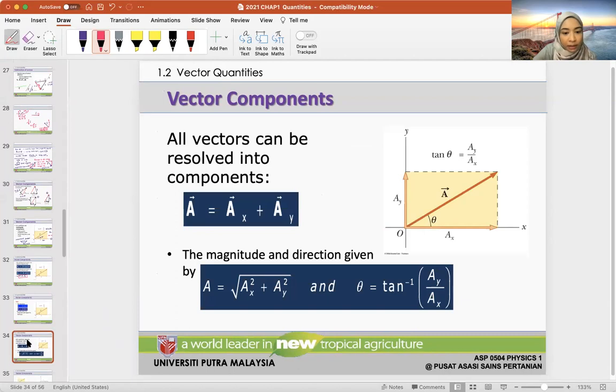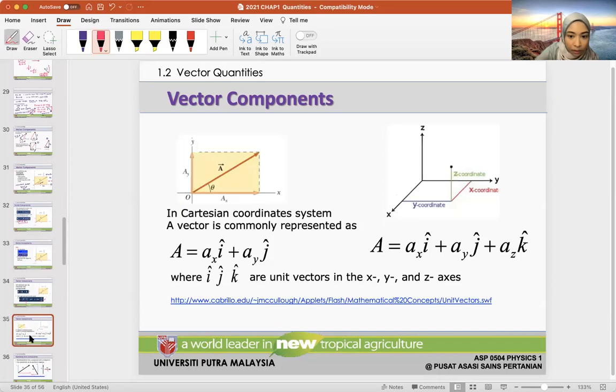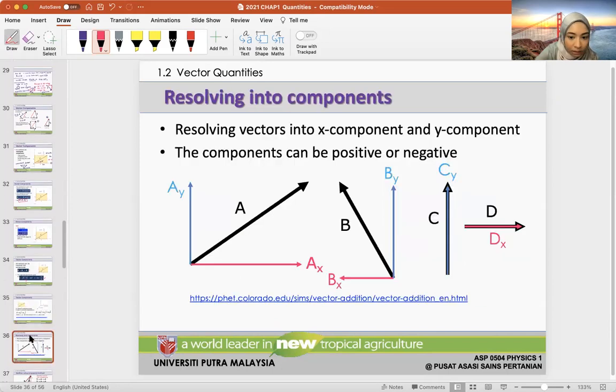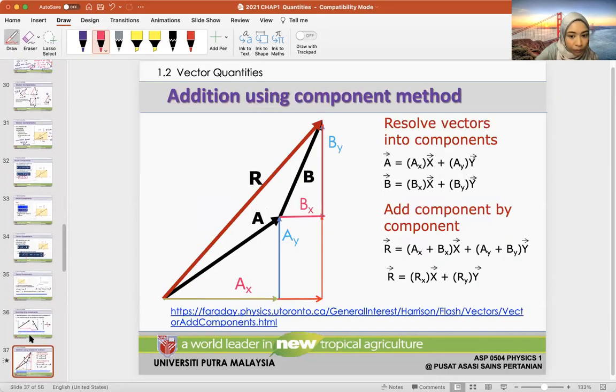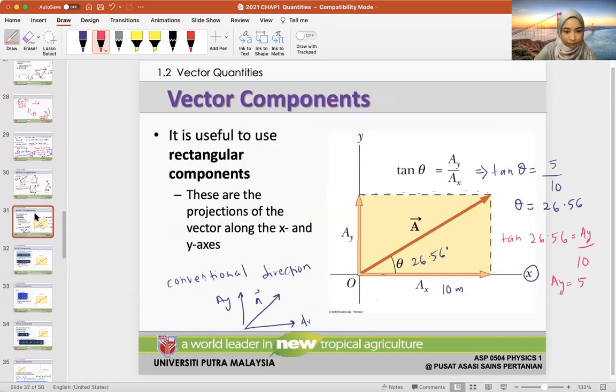And the magnitude and direction are given by A equals the square root of AX squared plus AY squared, and theta equals inverse tangent of AY over AX. We already talked about this one, but we have not talked in detail about the other yet. Let me go back to that slide.